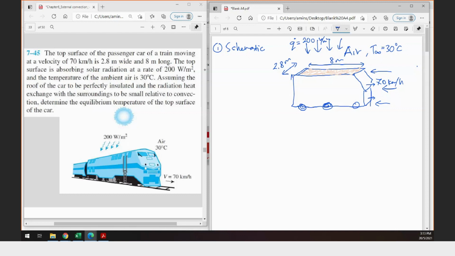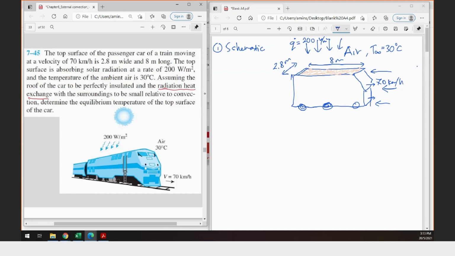So assuming the roof of the car to be perfectly insulated and the radiation heat exchange with the surrounding to be small relative to the convection. Okay, radiation heat exchange here means that whenever radiation is coming, there will be some radiation exchange, reflection.